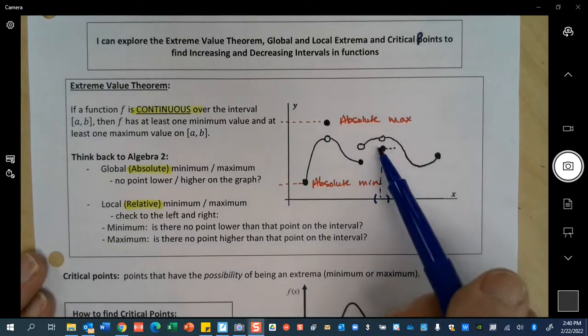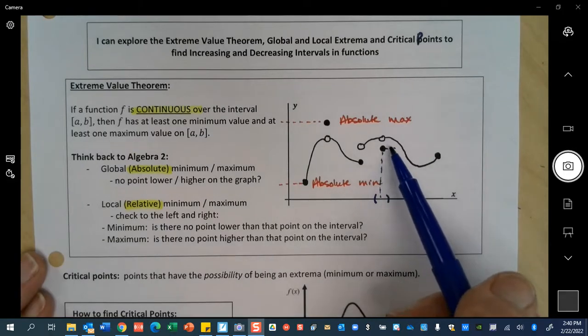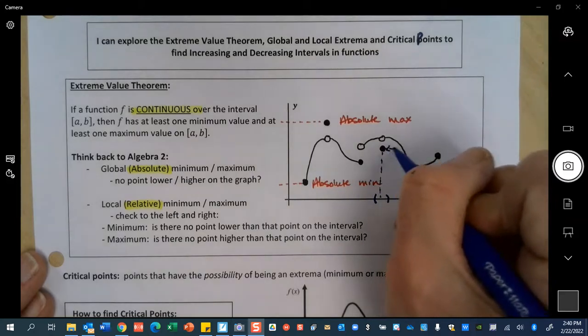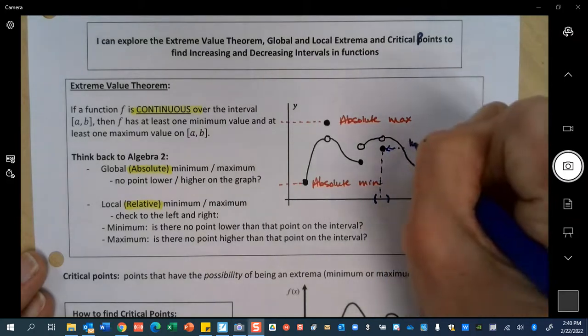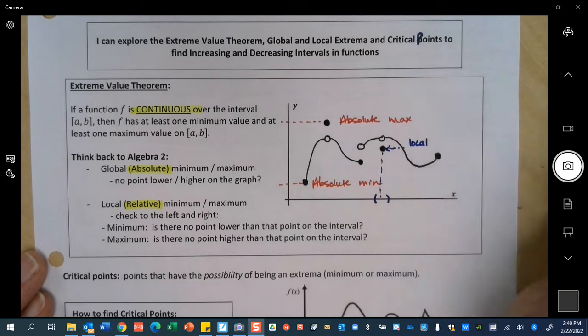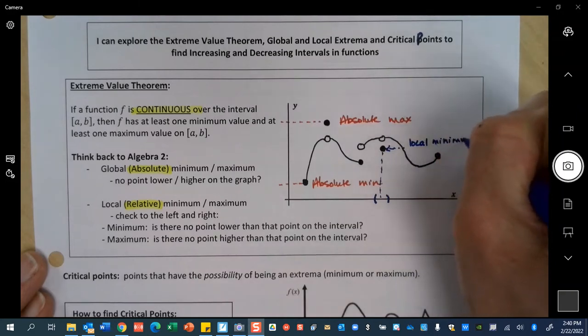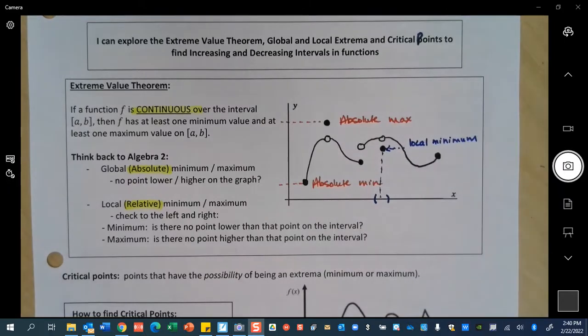So if I look to the left, is this higher? If I look to the right, is that higher? Which makes this one a local or a relative minimum, because either of these 2 points on either side of it are higher than it. It's not my absolute minimum because it's not my lowest point on the graph.